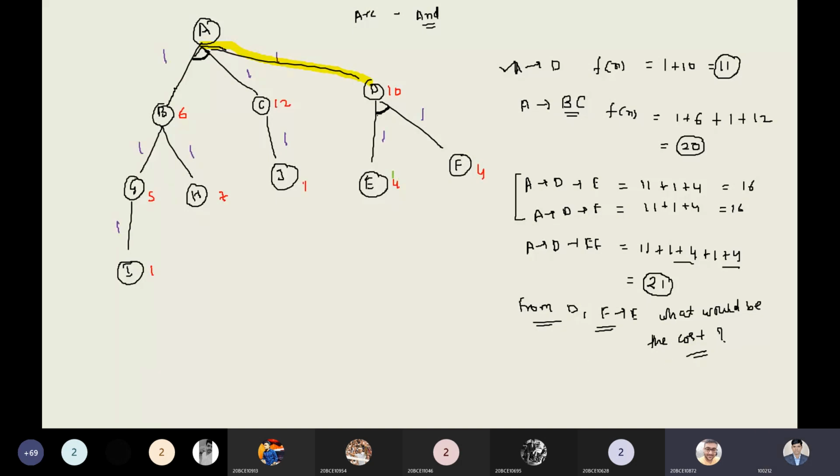Suppose you need to go from F to E this way. What would be the cost? This was my question. Think and tell me. Everything is written here. The cost from F to D, from D, I need this cost first. Tell me. I need the correct answer. Everything is in front of you. Think and tell me the answer.